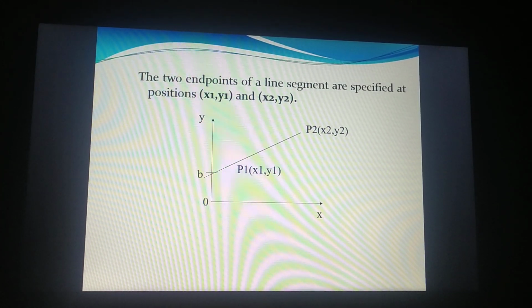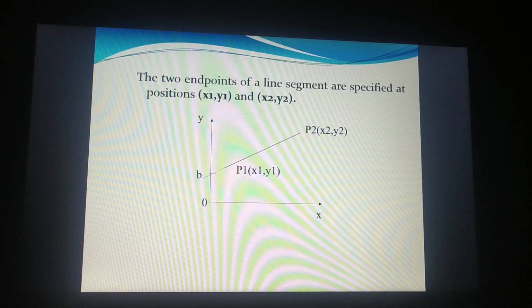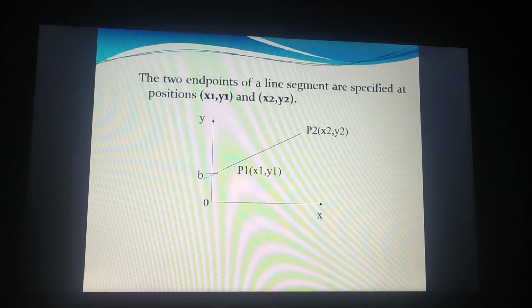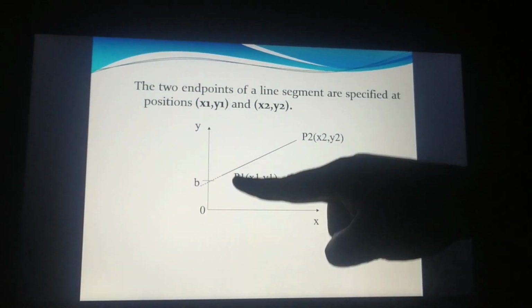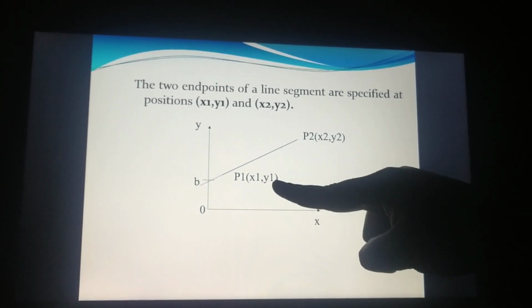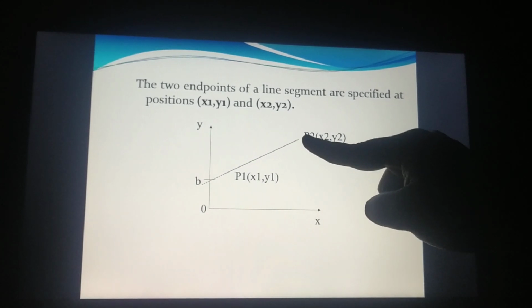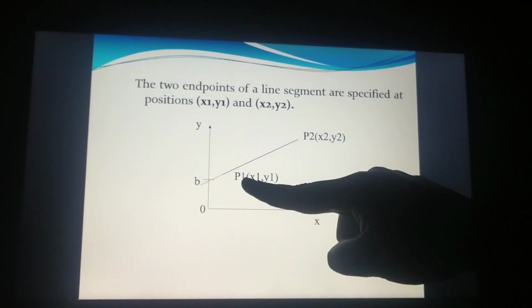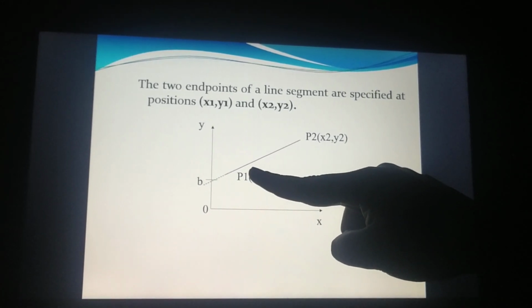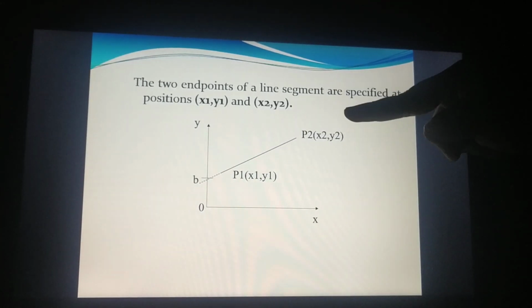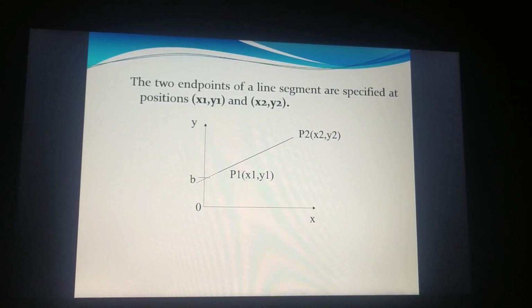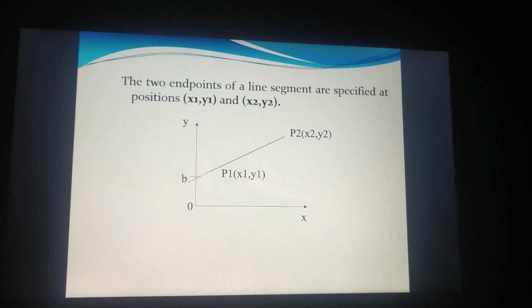The two endpoints of a line are specified at the positions x1, y1 and x2, y2. Here is our starting point p1, that is x1, y1, and here is our ending point p2, x2, y2. We have to start with x1, y1 and plot a line till we reach x2, y2. This is our goal.